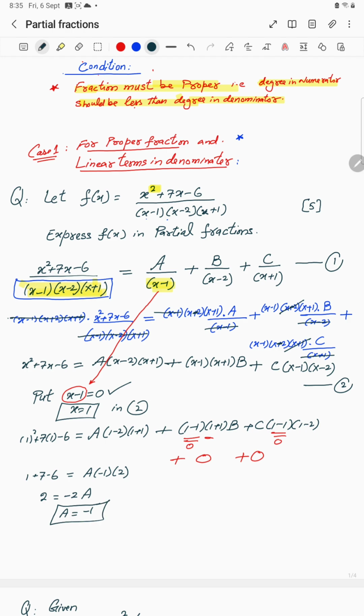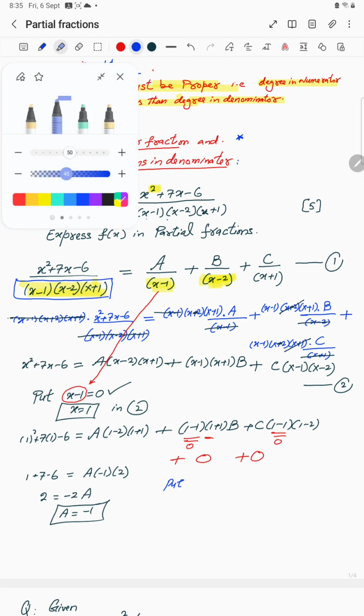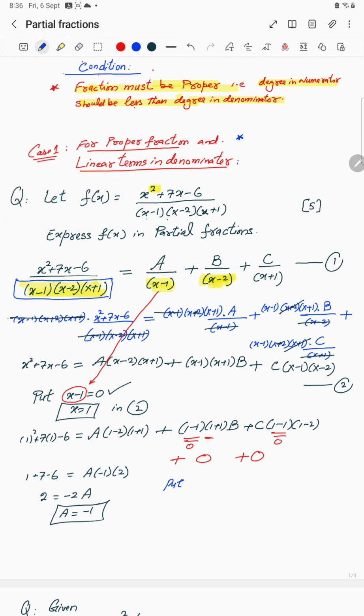Similarly, you can put the value which is in the denominator of B, that is x minus 2, equal to 0. So we will get x minus 2 equal to 0, which implies x is equal to 2 in equation number 2.